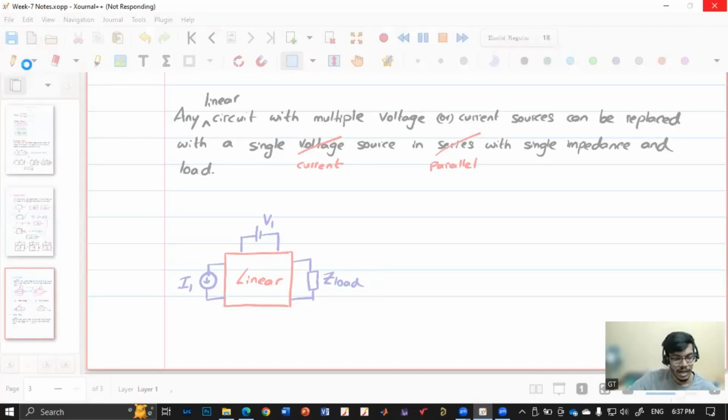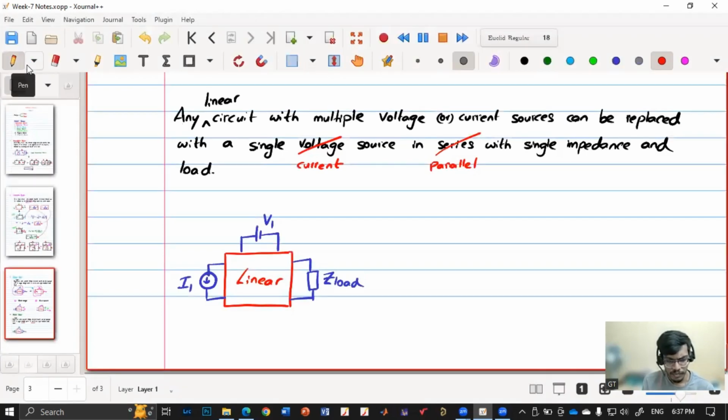This circuit can be replaced by a current source in parallel with the impedance and load. Previously it was a voltage source in series with impedance and load. Now we have one current source, called the Norton current, represented as IN, in parallel with the Norton or Thevenin impedance, both will be the same, and then with the load. So this can be drawn as follows.